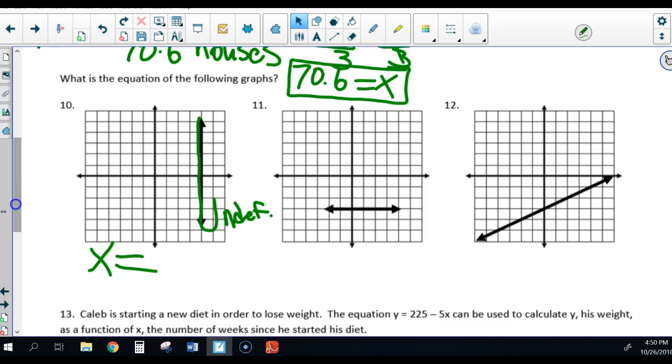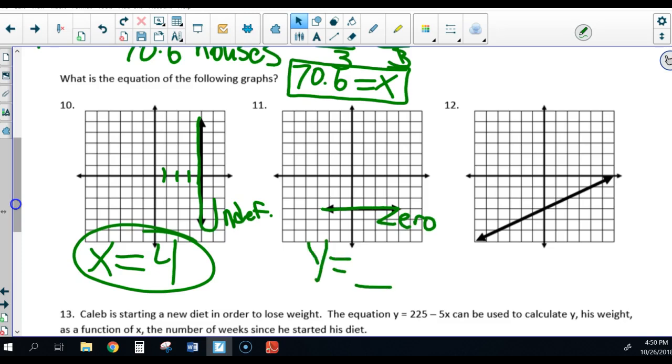In this case, that something is wherever the line is shifted to. 1, 2, 3, 4. 4 units to the right. X equals 4. Number 11, horizontal line. 0 slope. I know from my notes that is y equals just a number. That number is how far the line is shifted down. In this case, it's -3.